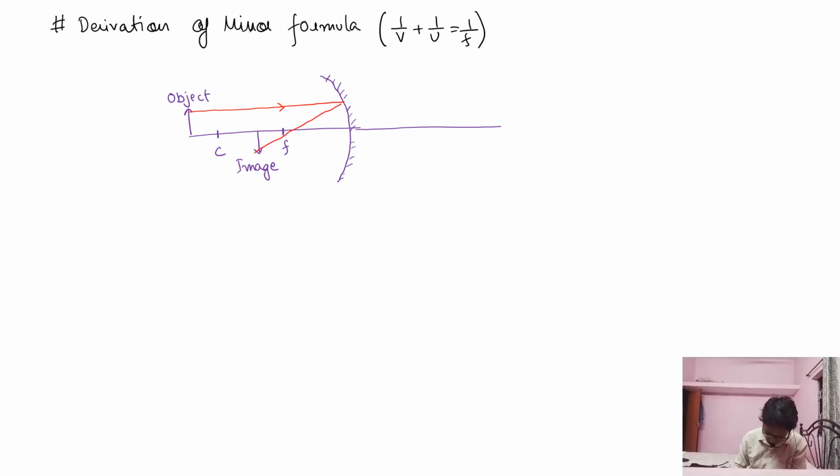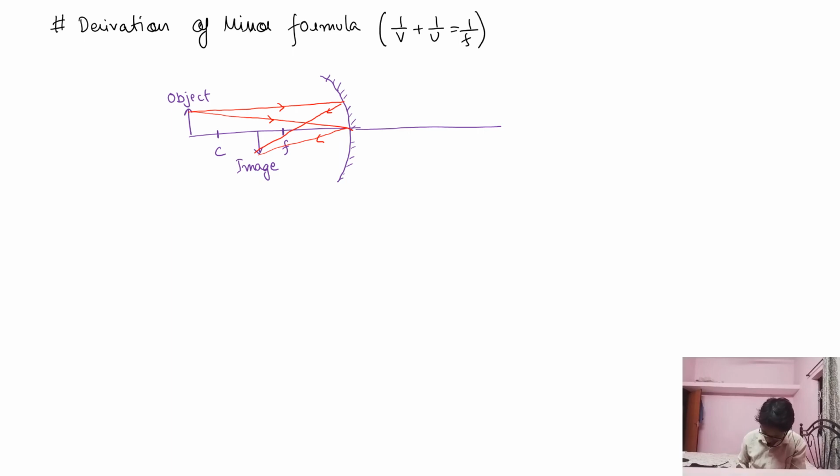This is our first ray. And the second ray goes to the pole and bounces back with an equal angle. Angle of incidence is equal to angle of reflection. And both the rays converge out here. So this is the real image out here.